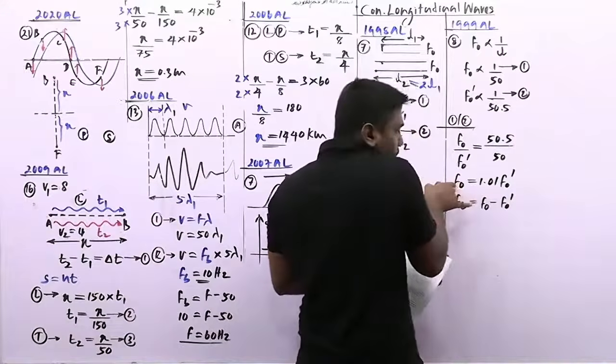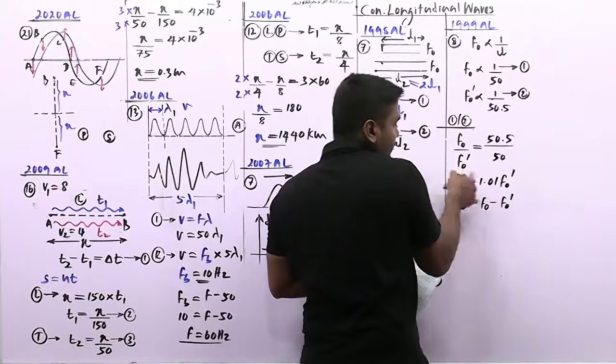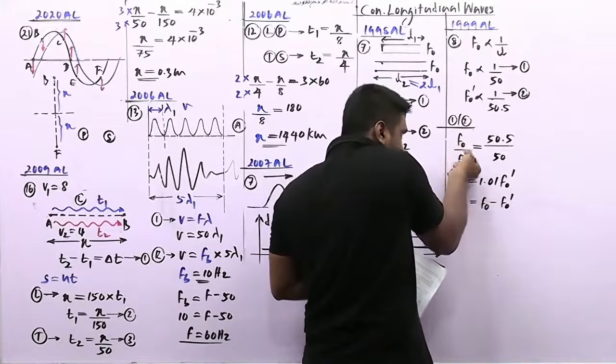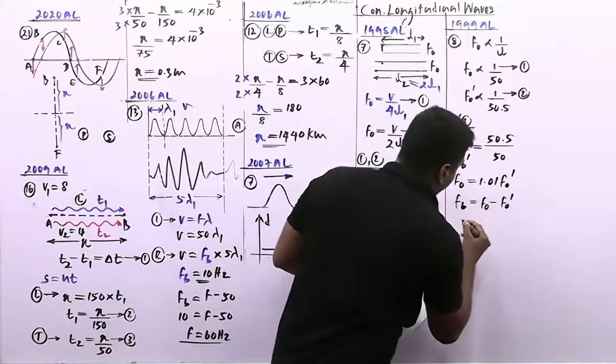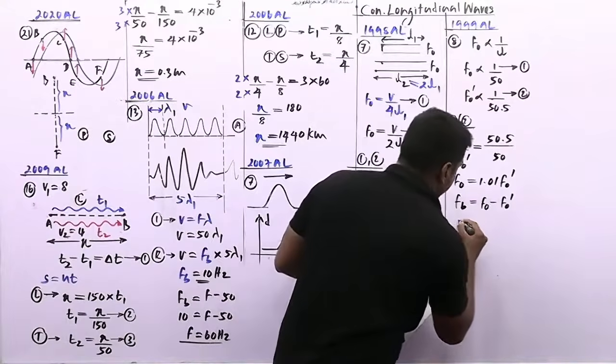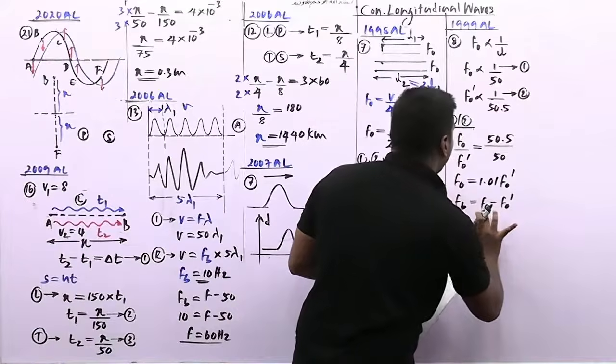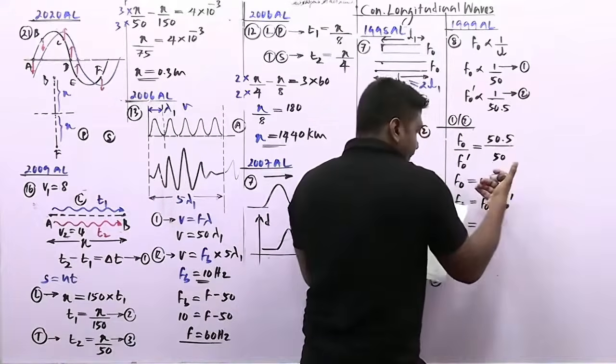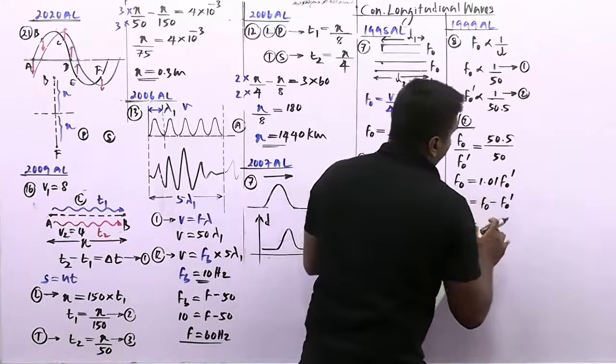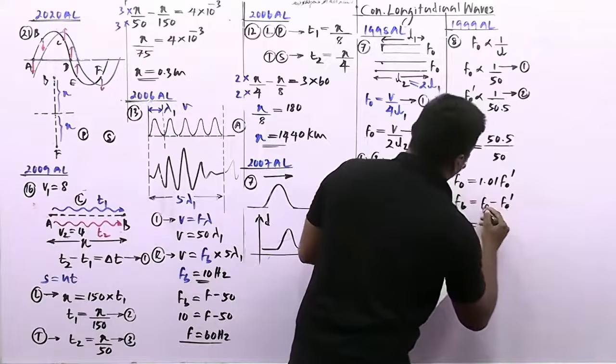Why? Because F naught is greater than F naught dash. Beat frequency is given as 3. What is my F naught value? What are they asking? They are asking F naught and F naught dash. They are asking F naught means what?